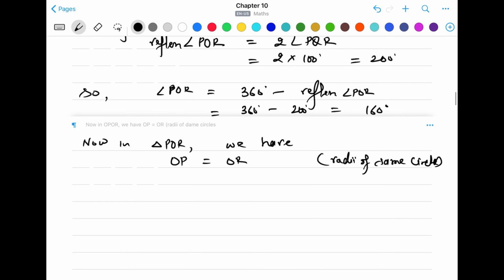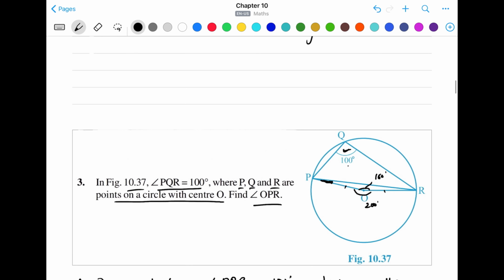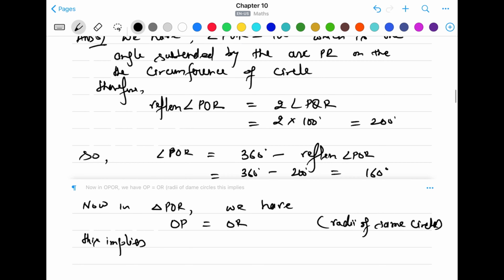All the radii of the same circle are equal. So this implies that their opposite angles, that is angle OPR and ORP, will be equal.